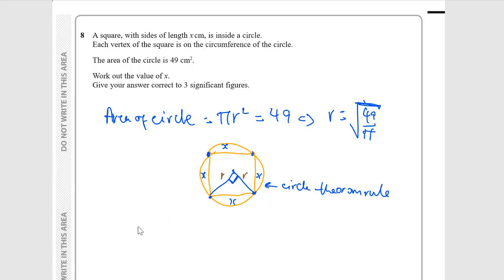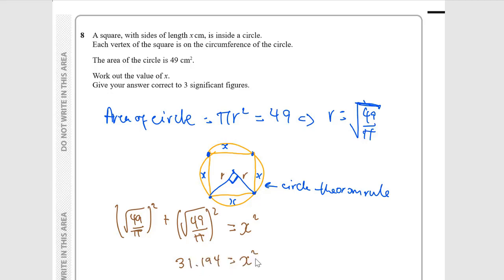So we can write 39.5, which is actually, let's just use R. So if we use the square root of 49 over pi squared plus 49 over pi squared equals x squared, then we will get 31.194 equals x squared.